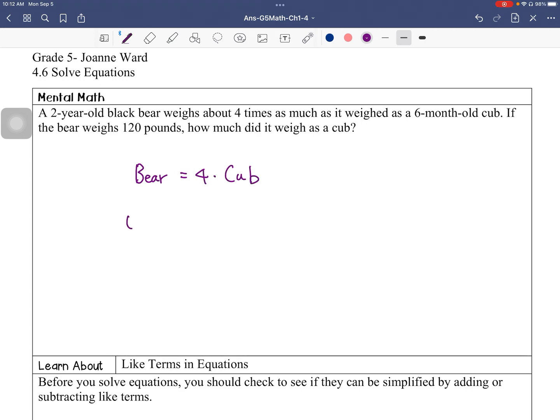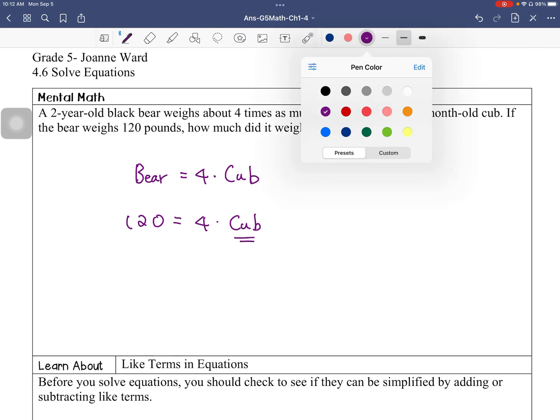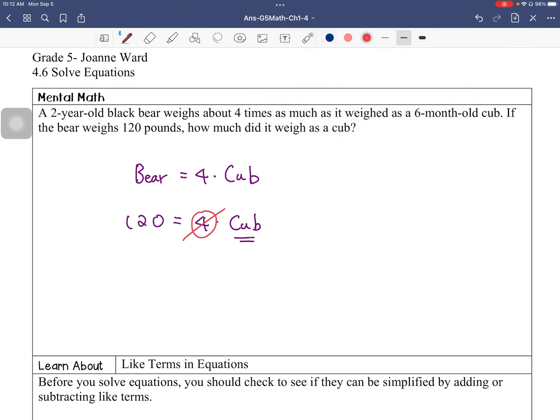Now if the bear weighs 120, then how much does it weigh as a cub? To solve this, we circle 4 and divide by 4. So the cub is 30, so 30 pounds.